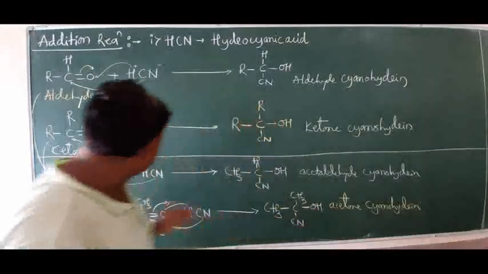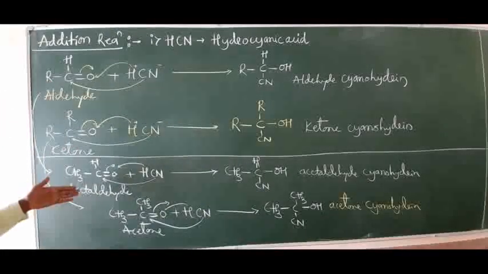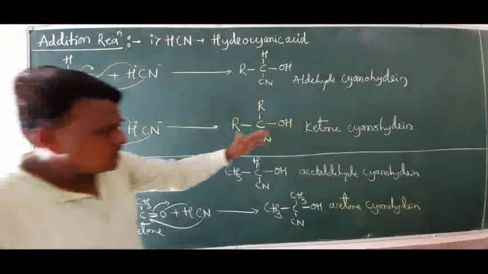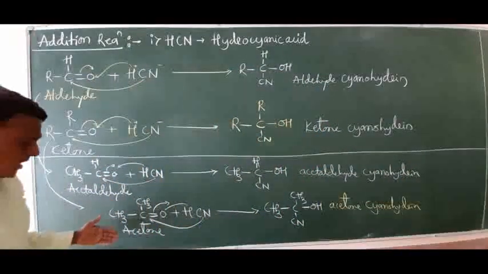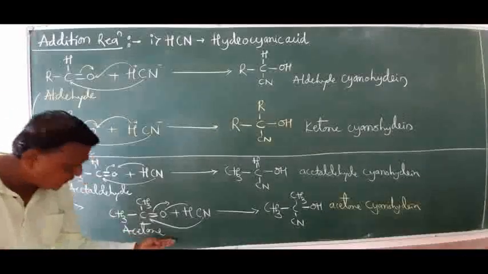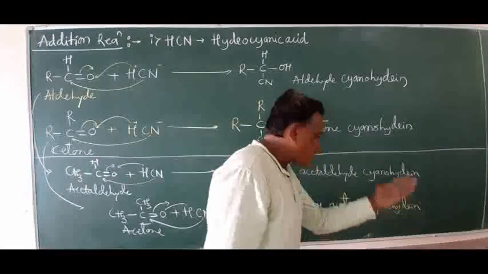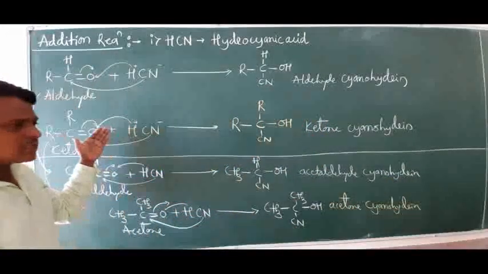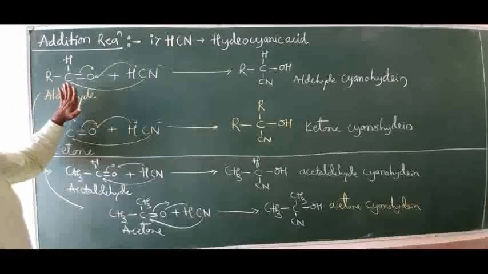You can practice with different aldehydes, benzaldehyde, propanaldehyde, any aldehyde gives the corresponding cyanohydrin. Similarly, any ketone, either aliphatic or aromatic, acetone or acetophenone, gives acetone cyanohydrin or acetophenone cyanohydrin. These are the two simplest reactions we can do with hydrogen cyanide.